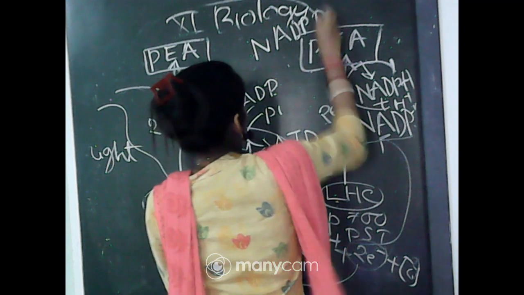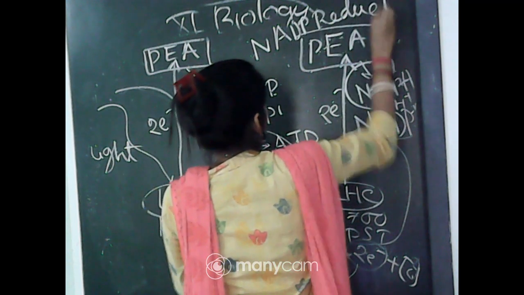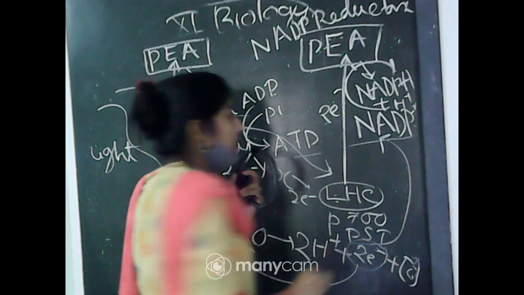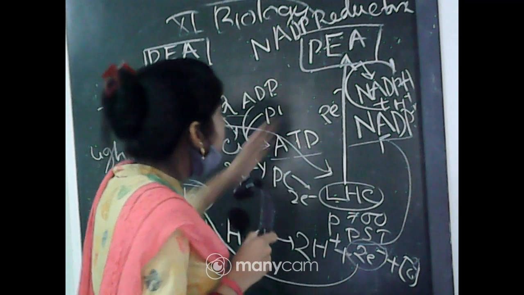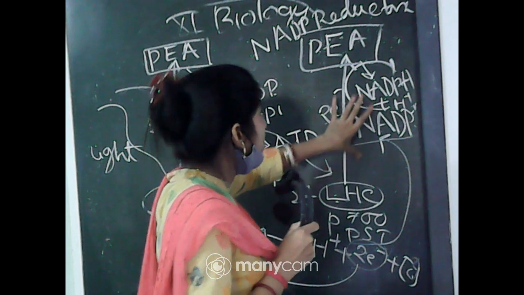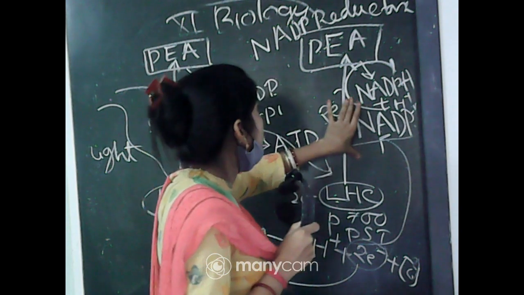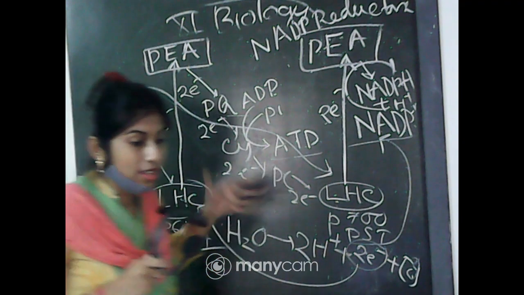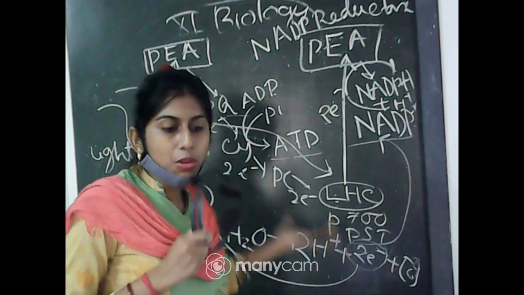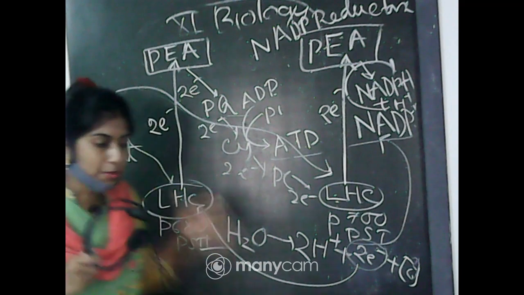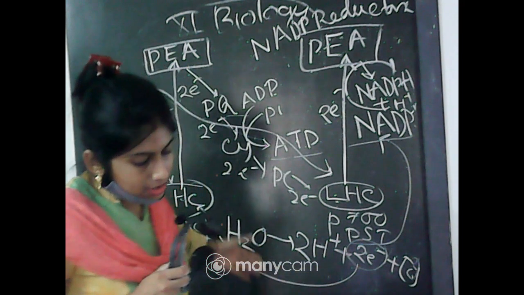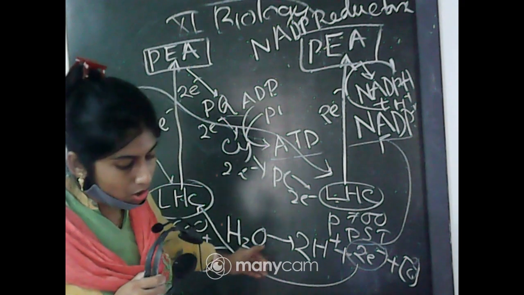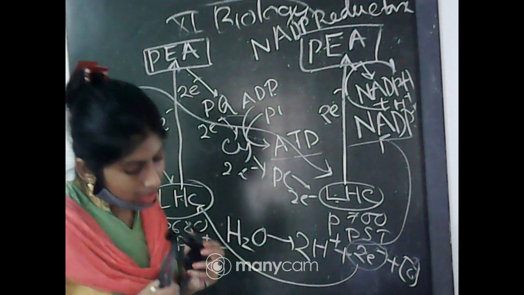The NADP reductase enzyme is present on the outer membrane of thylakoid. That's why formation of NADPH takes place in the outer membrane, and the complex required for photolysis of water is present in the inner membrane, so photolysis occurs on the inner side of the thylakoid.